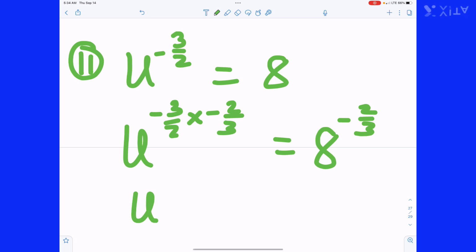This gives us u raised to power 1, is equal to 8 raised to power minus 2 over 3.